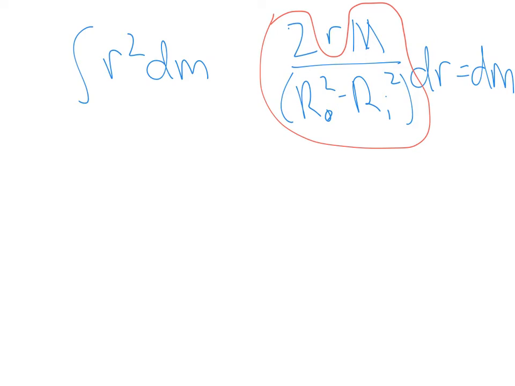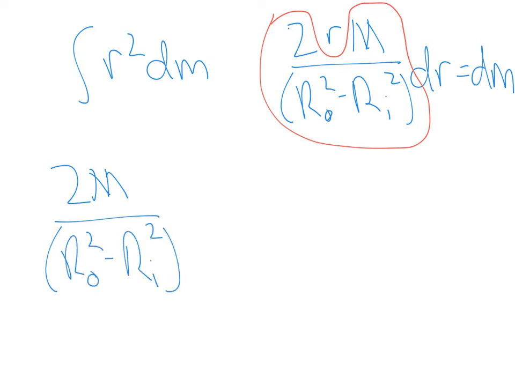So when we substitute them in for dm, they can all actually go outside the integral, just like when you're taking derivatives, constants can come outside of the derivative. So that's what we're going to do. We will have 2M over r outer squared minus r inner squared, integral, now we have r to the third power dr.